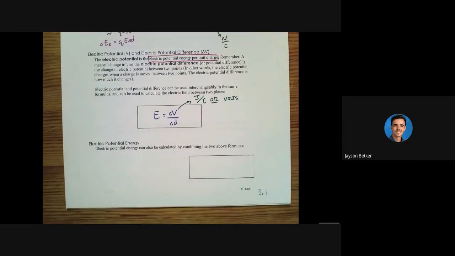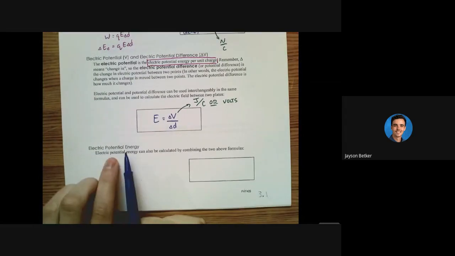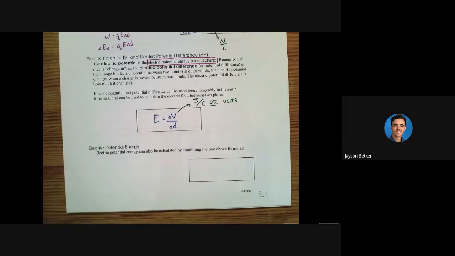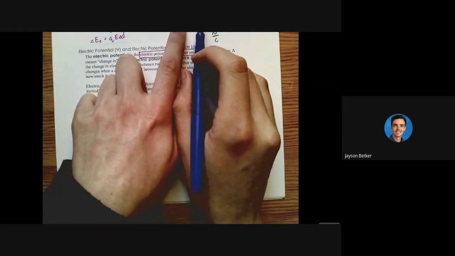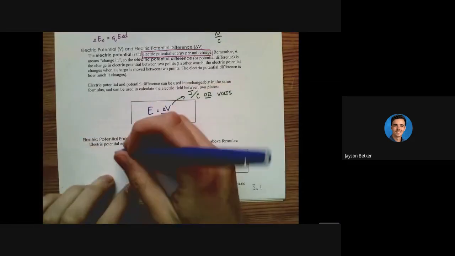Electric potential energy, which is what we've been talking about this whole page, can also be calculated if I combine these two formulas together. Let's see how we can get a new formula. Let's rearrange this formula to be in terms of electric field, because we're going to want to set them equal.